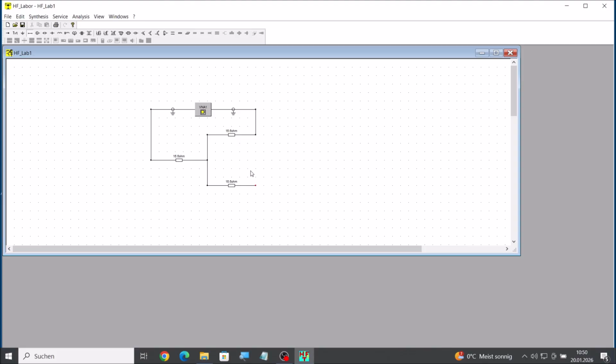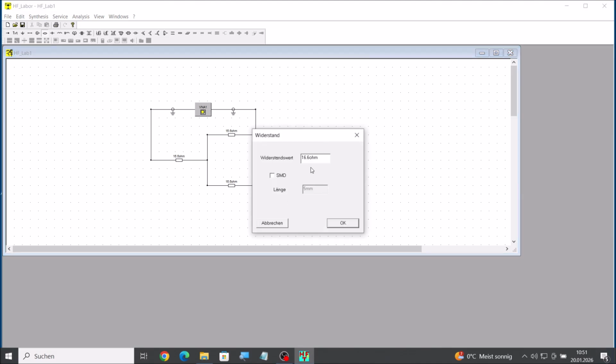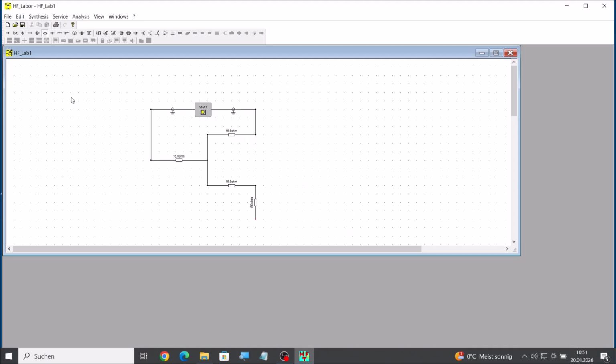But you see we would have an open port now. To really measure the S parameter, for example from 1 to 2, S21, we must terminate this port with a 50 ohm resistance, so that it is terminated with the characteristic impedance. So we take here a 50 ohm, and of course we must connect this 50 ohm resistance to the ground.